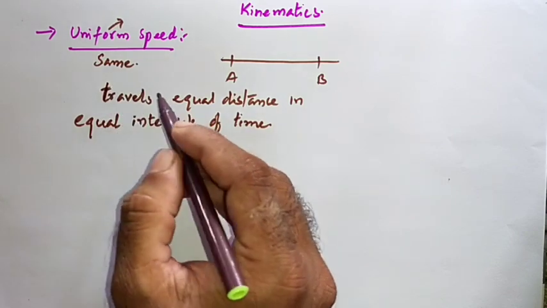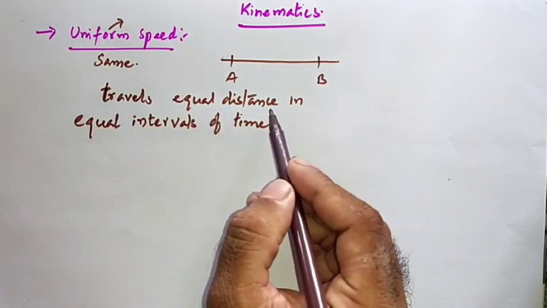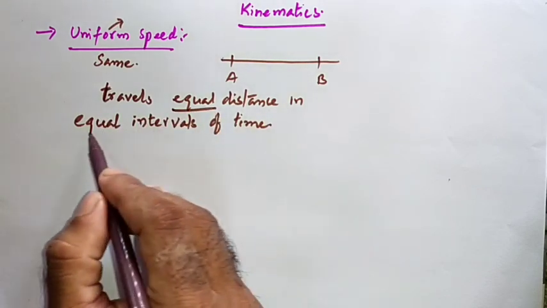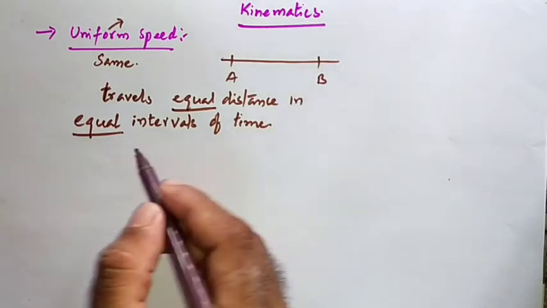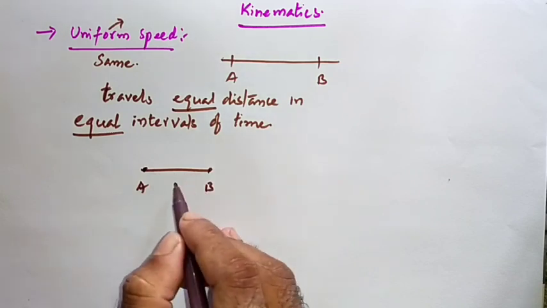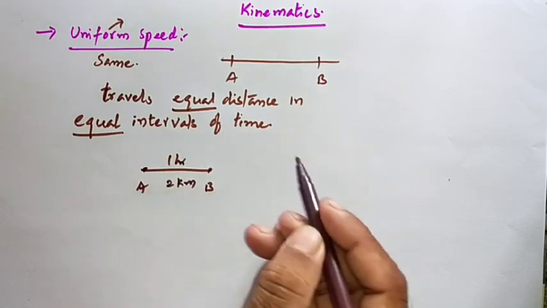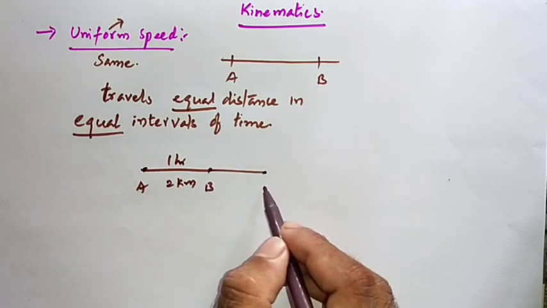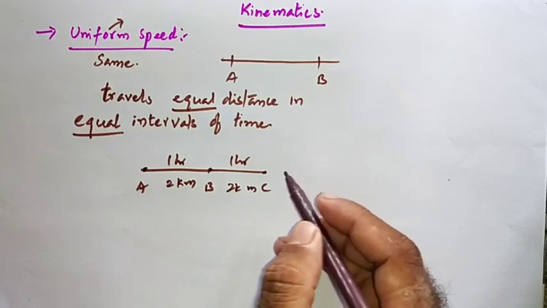Understood? So the body has uniform speed if it covers equal distance in equal intervals of time. For example, let us take a body moving from A to B. It travels 2 kilometers in 1 hour. Next B to C, also 2 kilometers in 1 hour.